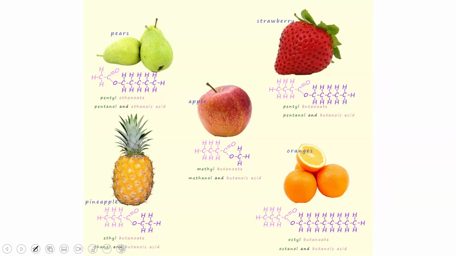Other examples are fruit. Each one of those fruits produces its own esters. So pentyl ethanoate, which is pentanol and ethanoic acid, is the smell of pears. Go on, Farhan. Is that why it can make alcohols, like grapes?